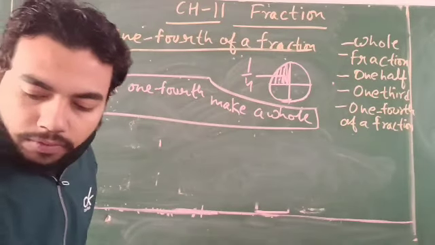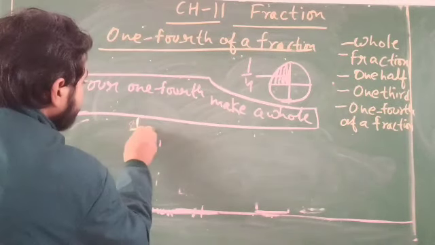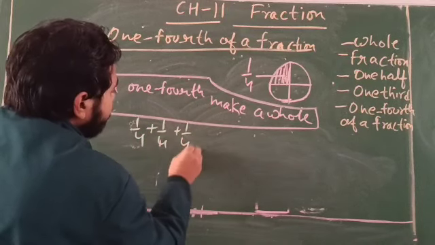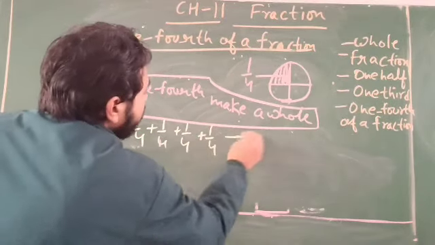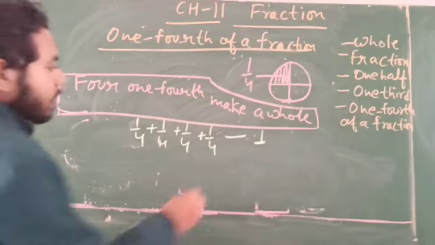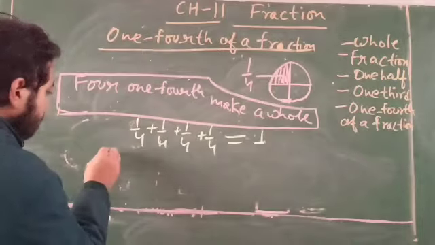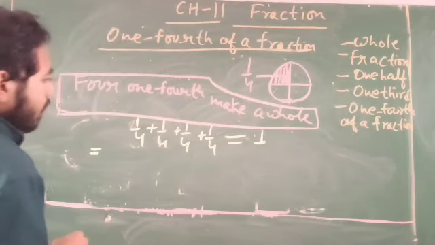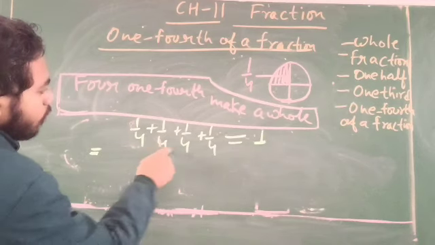If we add 4 times 1/4, it becomes 1. It becomes whole. So how is it possible? Let's try to solve it.